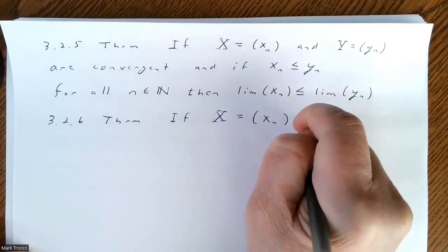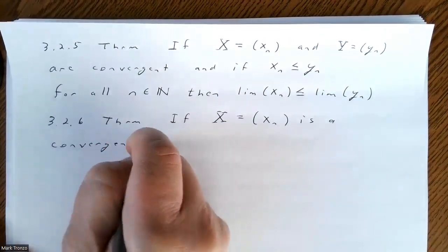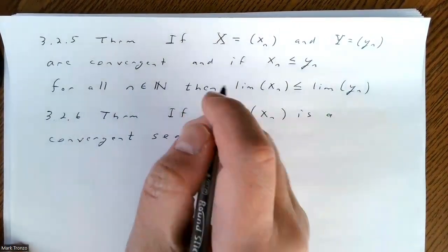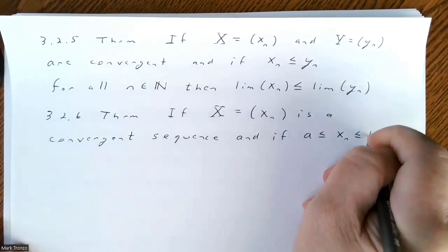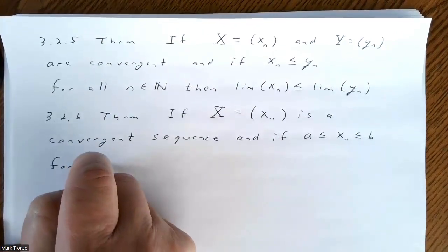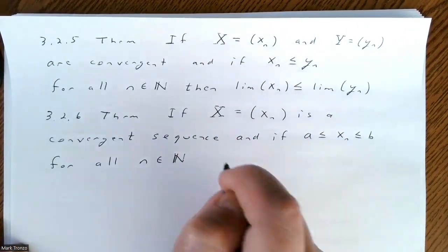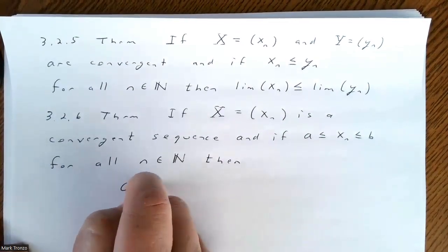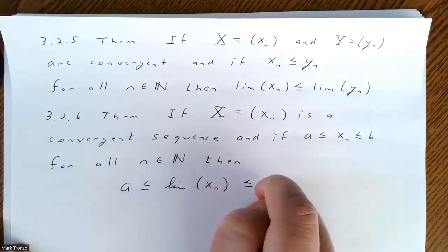If Xn is a convergent sequence, and if all the terms of the sequence are between A and B, all in the natural numbers, then the limit is going to be between those numbers.